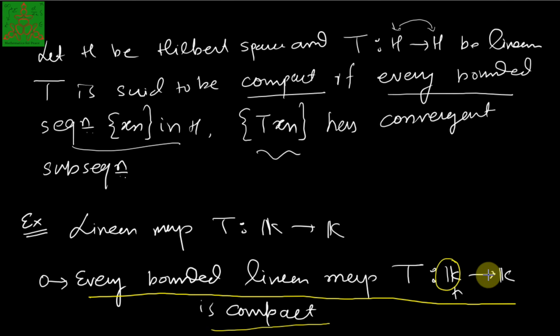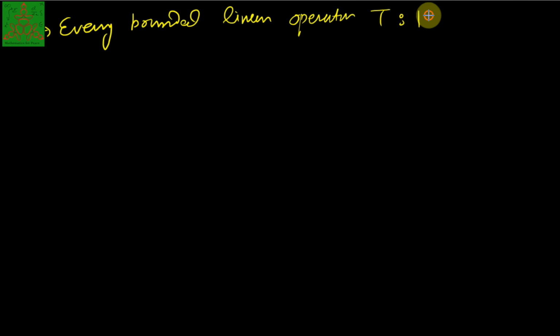The result is true not only for the scalar field K but also for K power n. Every bounded linear operator T from K^n to K^n is compact. This is also easily seen using the Bolzano-Weierstrass theorem, which is true also for K^n, that is R^n or C^n.